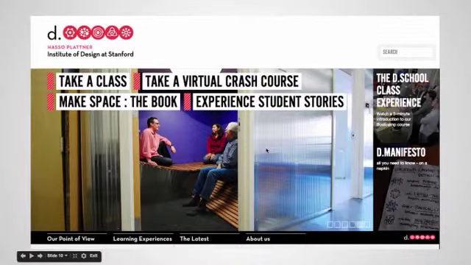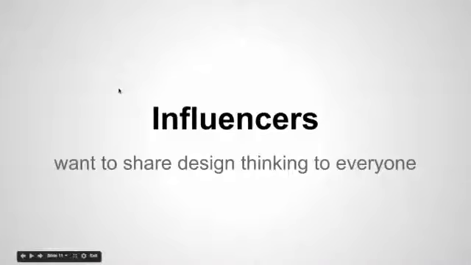Finally, the D School is at Stanford, and it is officially called the Institute of Design at Stanford, the Hasso-Plattner Institute Design at Stanford. This is a graduate program at Stanford, and it's multidisciplinary. It brings a lot of students and instructors from different experiences at Stanford to solve problems with the design thinking process.